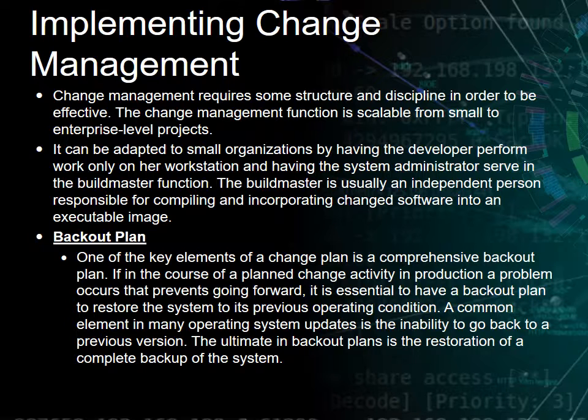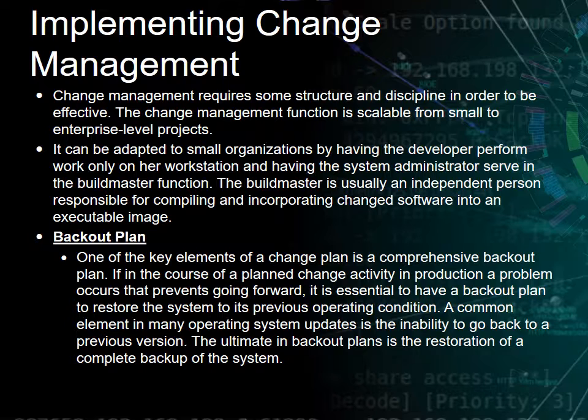Backout plans. One of the key elements of a change plan is a comprehensive backup plan. I think I've mentioned this to you guys before about how I've had some previous updates that broke systems, and what helped us out was that I had a backup plan to get us back to normal should something go wrong with the update.